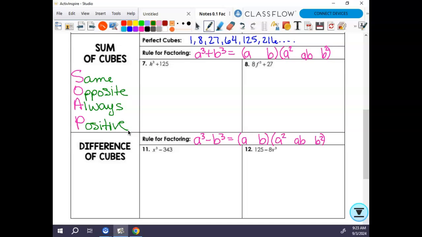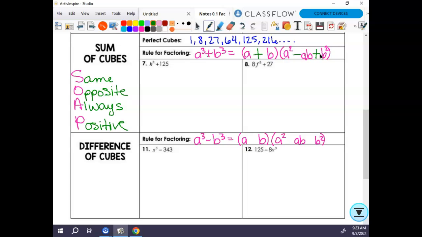So think of your sum and difference of cubes. A bar of soap's not really a cube. It's a prism, but you can pretend. Think of soap. All right, so what that means is this. This is the sum of cubes. That's a plus sign. So my signs are the same, opposite, always positive. That's the way they go in there.